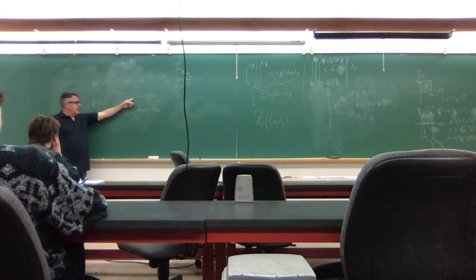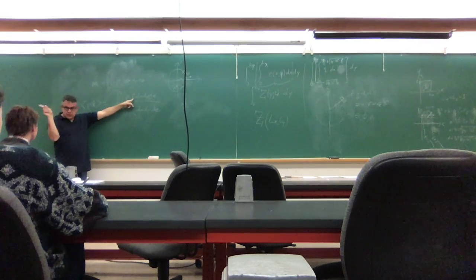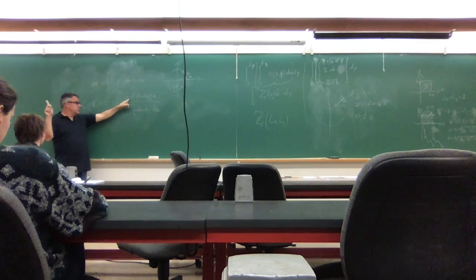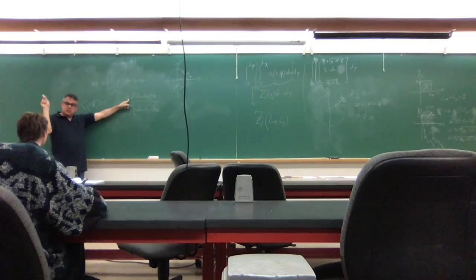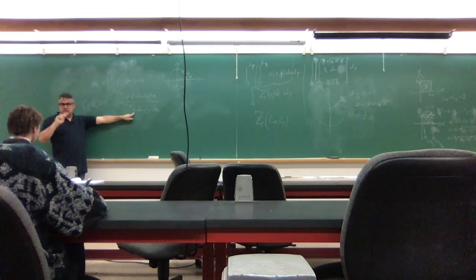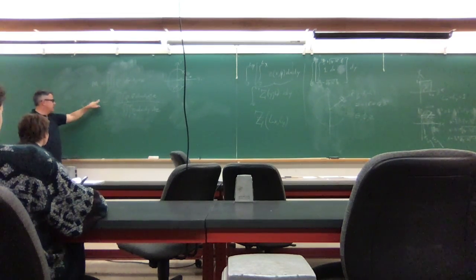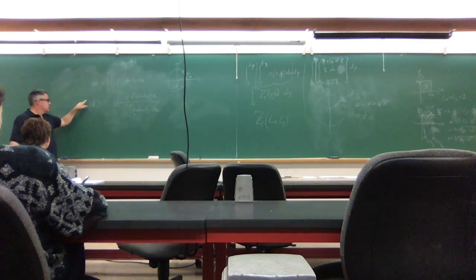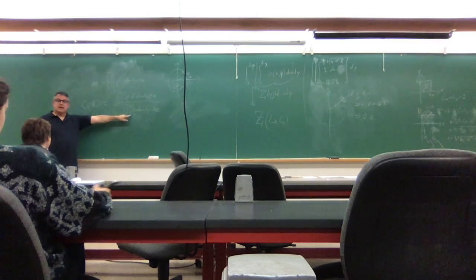So I have a position, and I'm weighting the position by the local density. And then down here, I have just the density. I've written this funny angle bracket to indicate average. Here I mean a density weighted average.